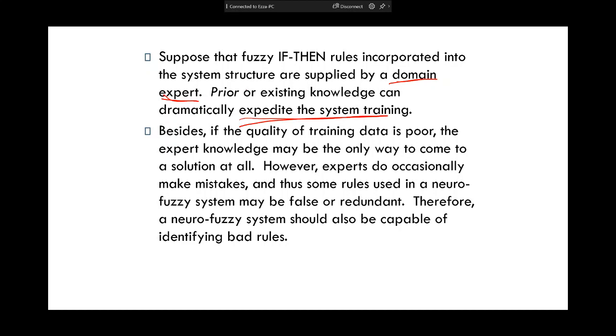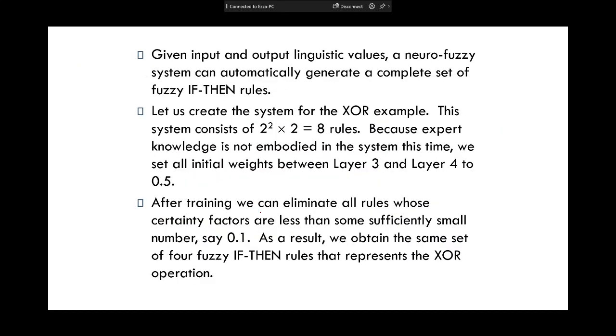Besides, if the quality of the training data is poor, then expert knowledge may be the only way to arrive at a solution. However, experts occasionally make mistakes, so some of the rules in the neuro-fuzzy system may be false or redundant. That is why the neuro-fuzzy system does its learning, so that it is capable of identifying the bad rules.